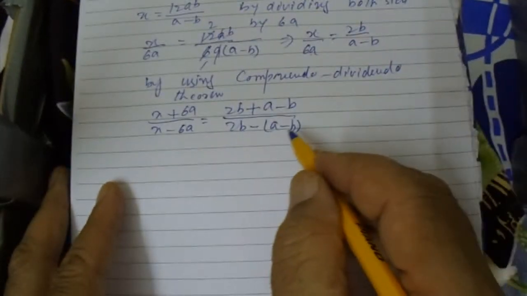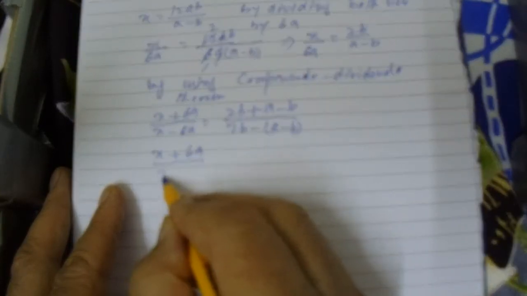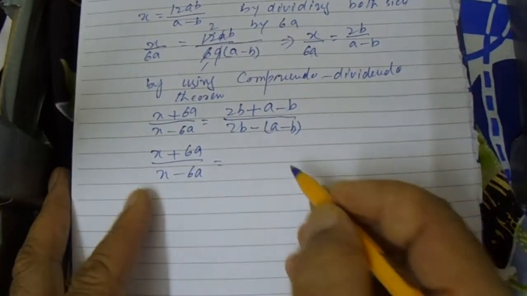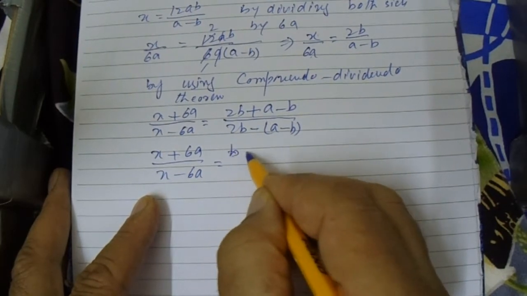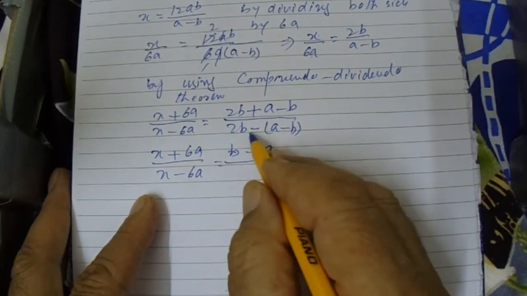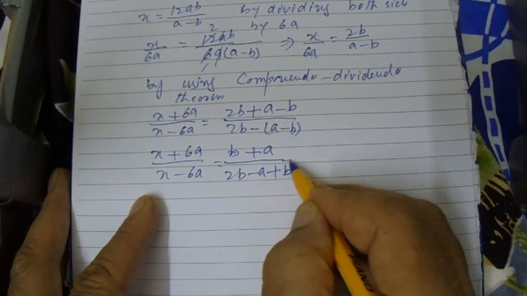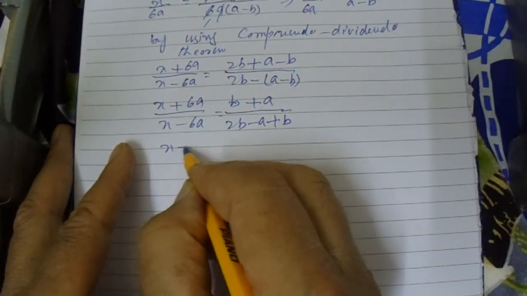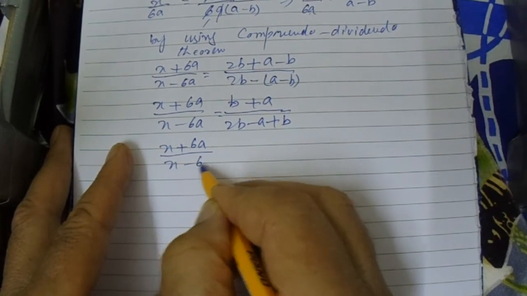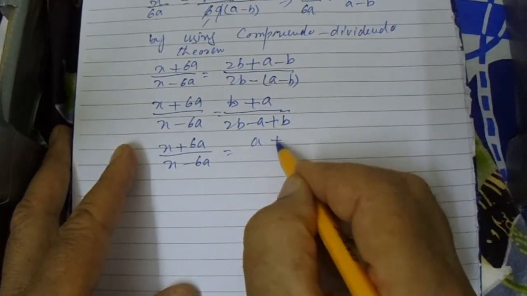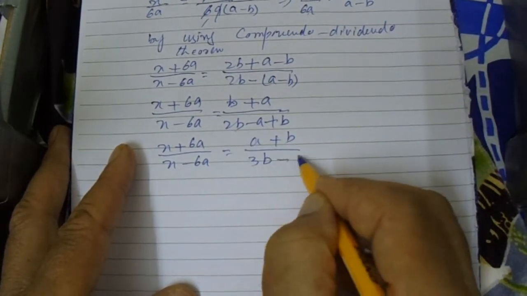Okay. We write this: x plus 6a over x minus 6a is equal to 2b plus a minus b over 2b minus a plus b. And we write again: x plus 6a over x minus 6a is equal to a plus b over this, 3b minus a.